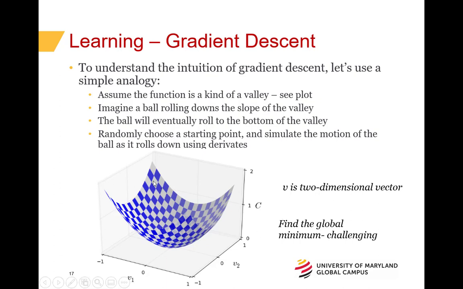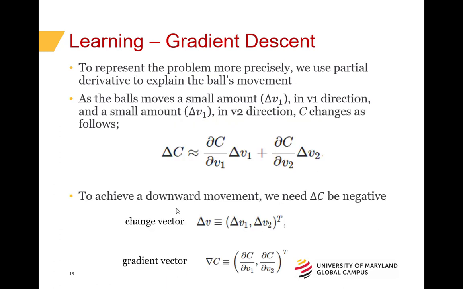So if you choose a random starting point for the ball and simulate the motion as the ball rolls down, you can explain that using derivatives. So let's go further and explain how that happens, okay? How we can explain the movement of the ball across the surface.